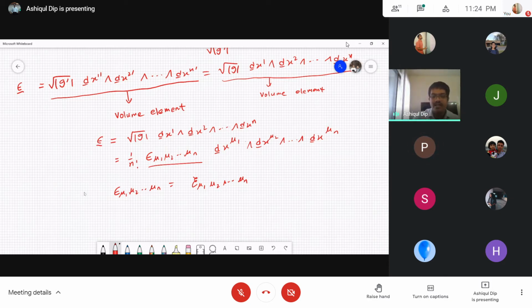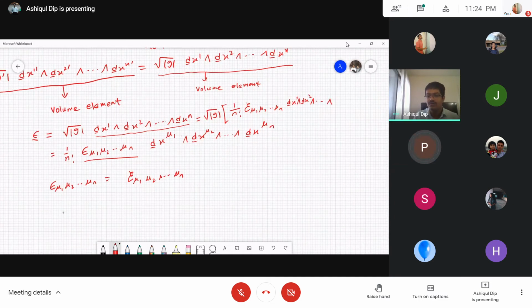This part could be written like that. Except for the square root of g, the rest can be written as 1 over n factorial E mu1 mu2 up to mu n dx1 wedge dx2 wedge dot dot dot. So the component will be E multiplied by the square root of the determinant of the metric tensor. So you should have this thing as well.